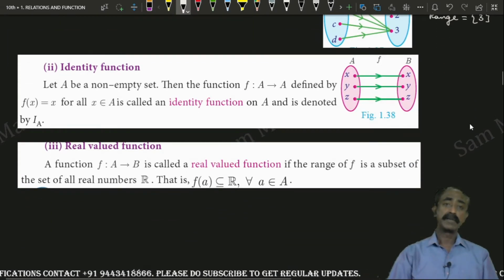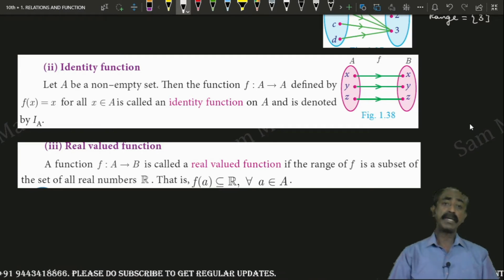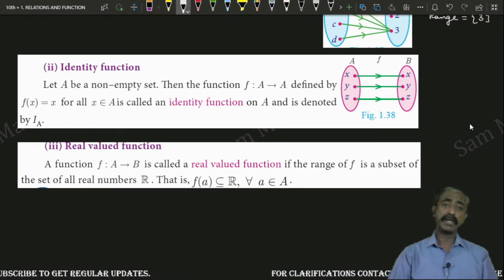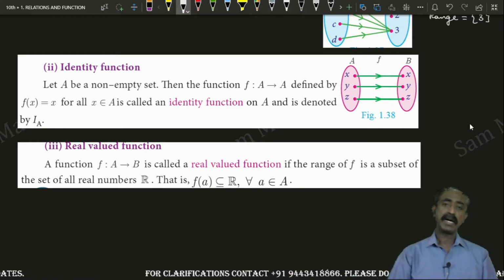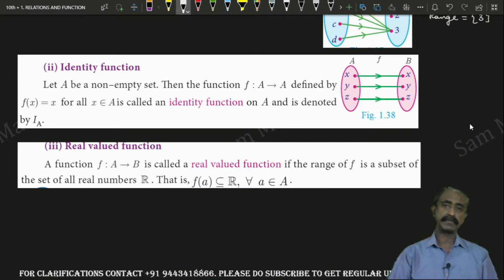Second is identity function. Let A be a non-empty set. Then the function f from A to A defined by f of x is equal to x for all x belongs to A is called an identity function on A, and it's denoted by I of A. You can see the diagram.